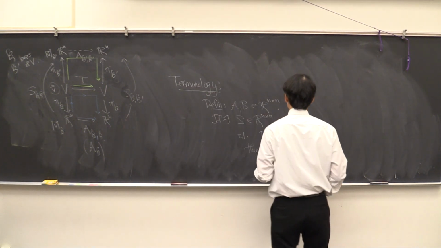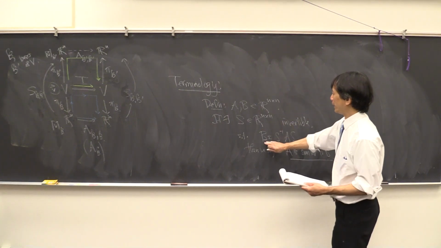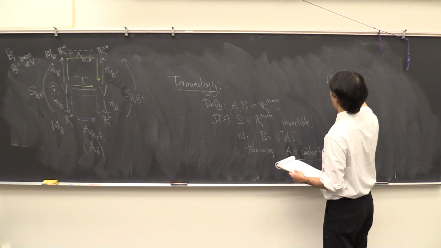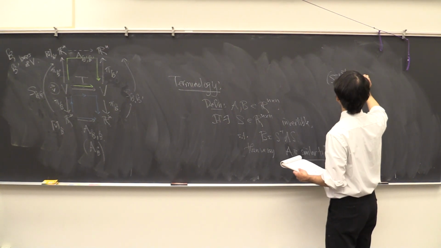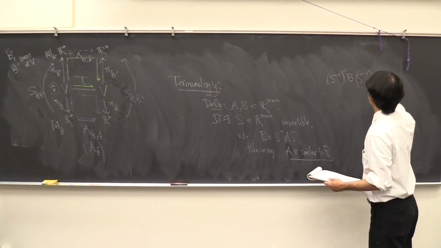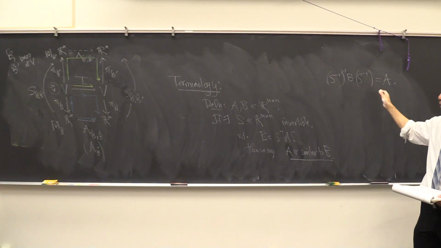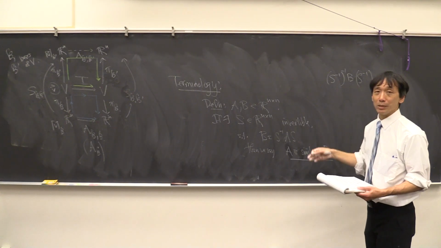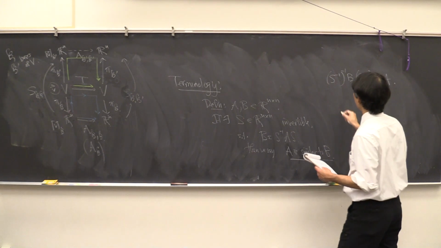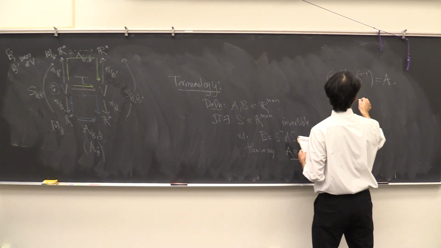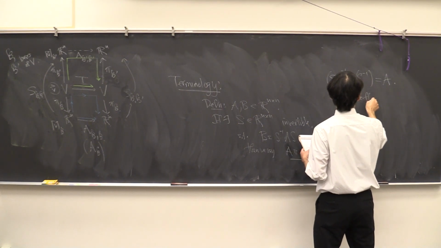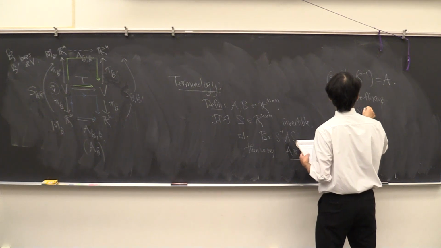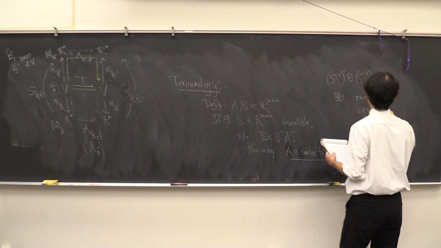If A is similar to B, then B is similar to A, since A equals S B S inverse.